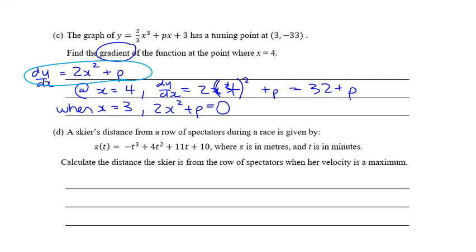So 2x squared, that's 2 lots of 3 squared, plus p is 0, so that's 18, isn't it? 18 plus p equals 0, therefore p equals -18, which means up here 32 plus -18 is actually, well, it's right, 14. Can you see that?